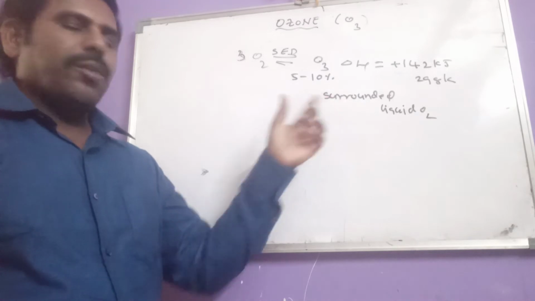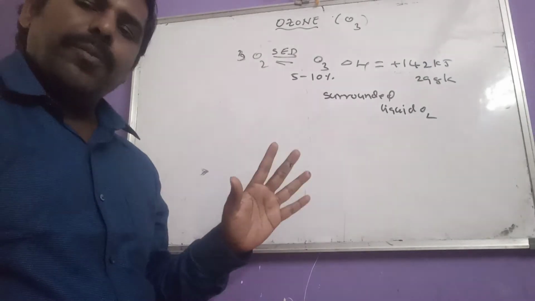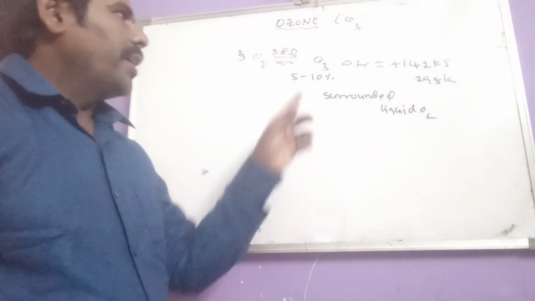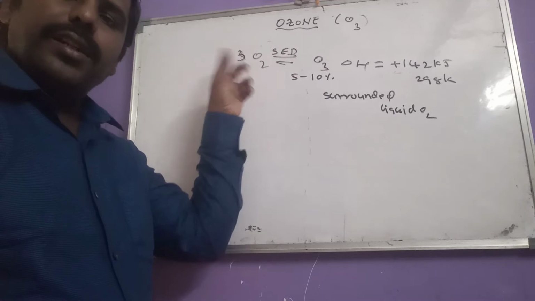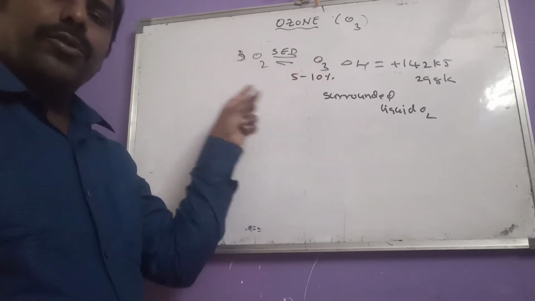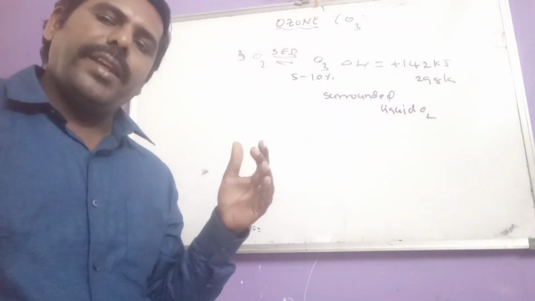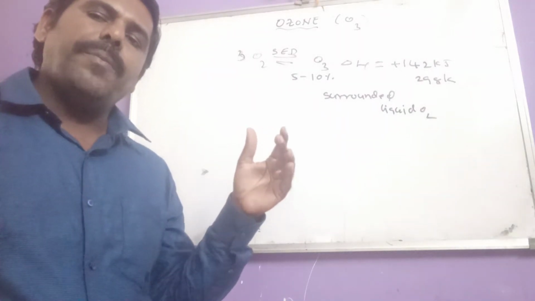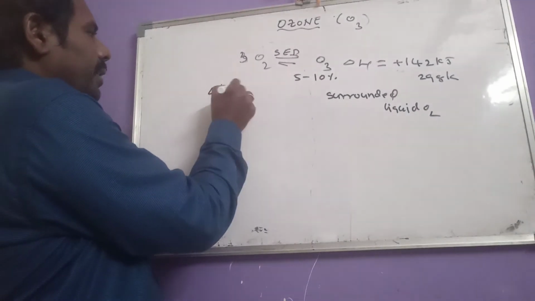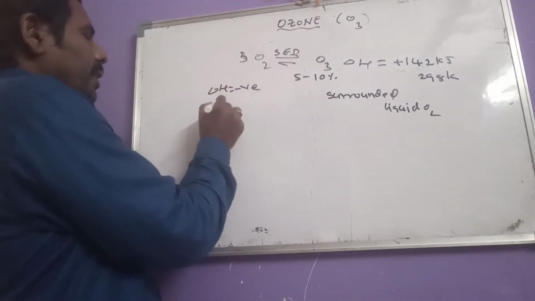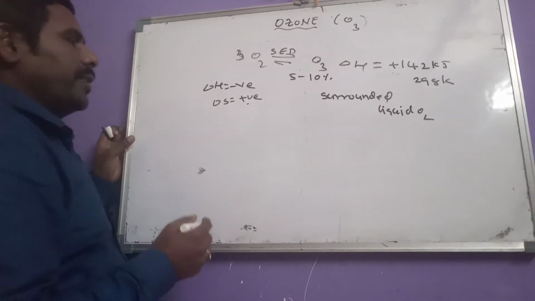One more important thing: ozone is the most unstable one. The dissociation of ozone is involved with liberation of heat, that means delta H is negative, and entropy also increases, that means delta S is positive.